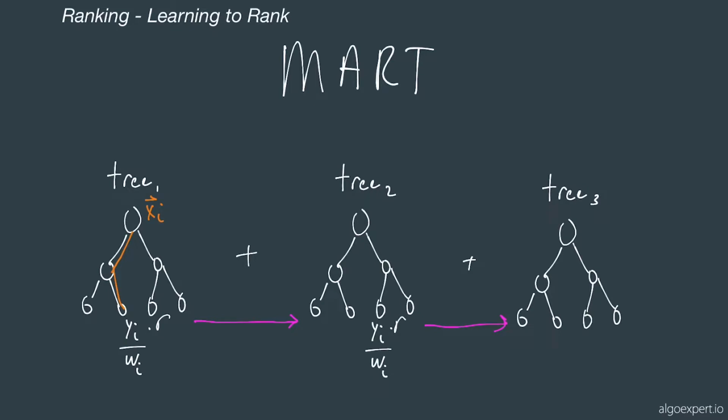The error is actually going to be the prediction at the leaf node, which is yi, divided by w, or the weight. Here, yi is actually just the lambda. Wi here is actually just the gradient of the lambda with respect to the output at this leaf node, and yi divided by wi is actually the error that gets passed on to the next tree to be learned.